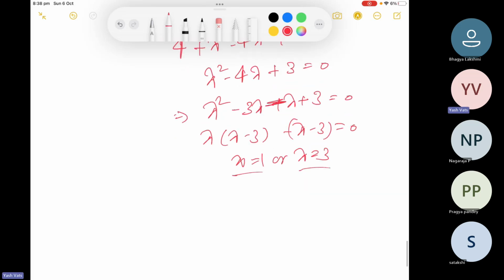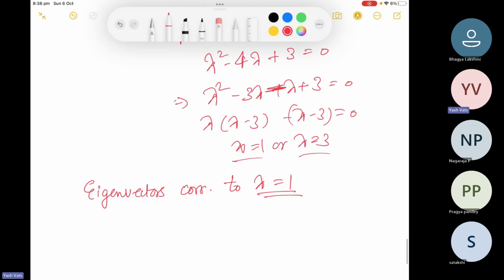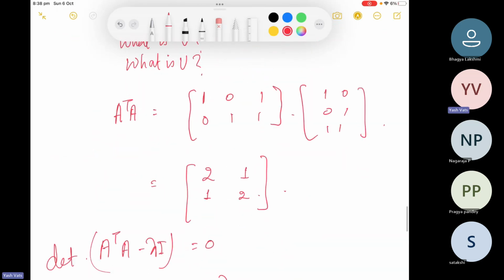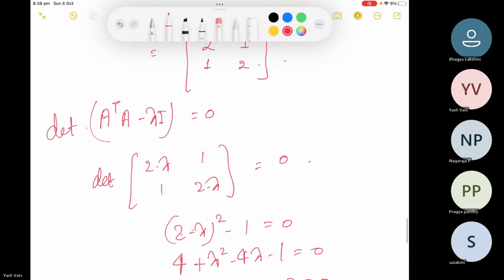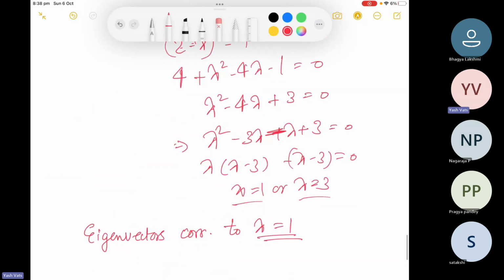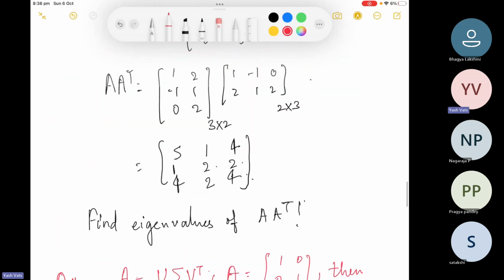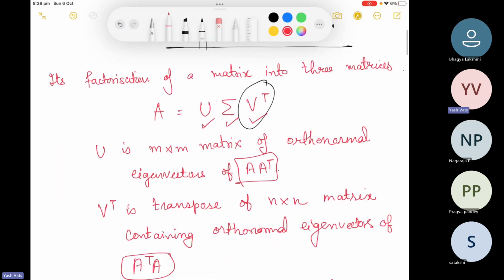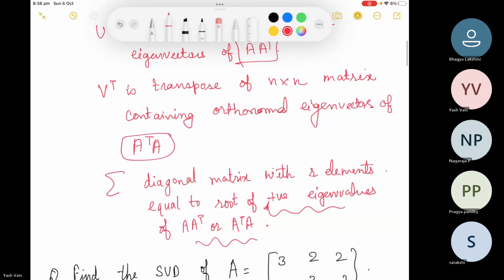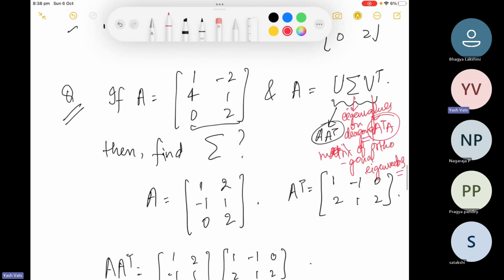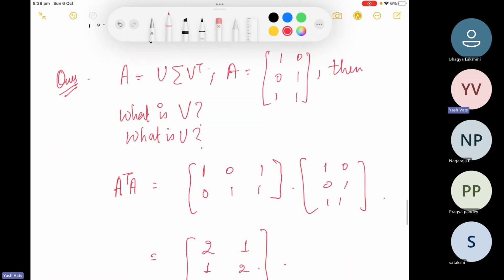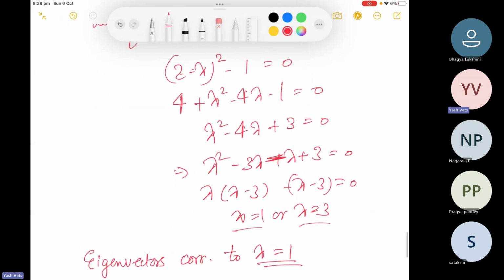Then you have to find the eigenvectors corresponding to lambda equals 1. Those are the eigenvalues of A transpose A. So how do you do that? For that you need to find the transpose of the n by n matrix containing orthonormal eigenvectors of A transpose A. A transpose A is a symmetric matrix, so the eigenvectors will be orthogonal.